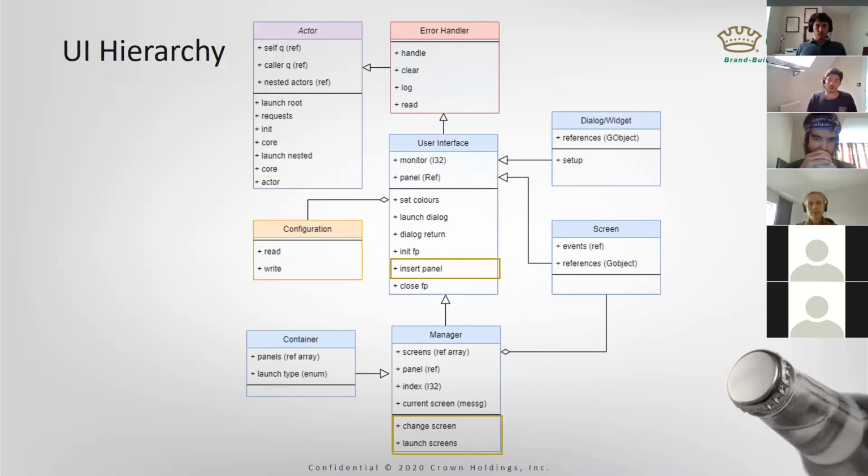In this case, I've brought in something that can have a lot of screens, and then you can manage between them. So similarly to how I was flicking between my different screens, you have an array of different types of screen that you can change between. And also the ability to launch screens, whether that's dynamically, so you launch it every time you change screen, or you statically launch them, then just load those user interfaces into your manager.